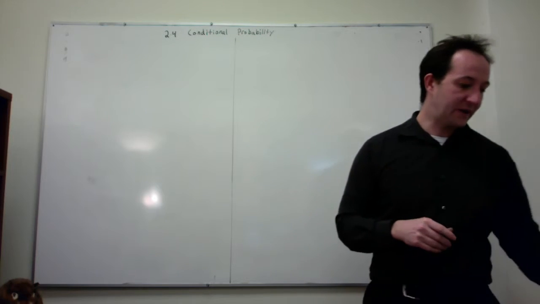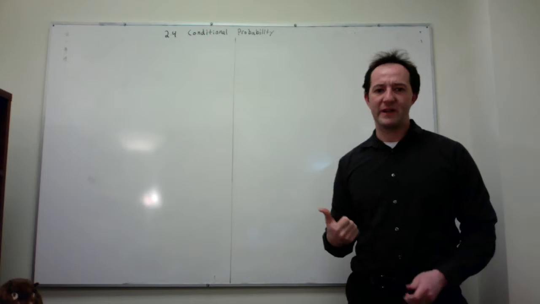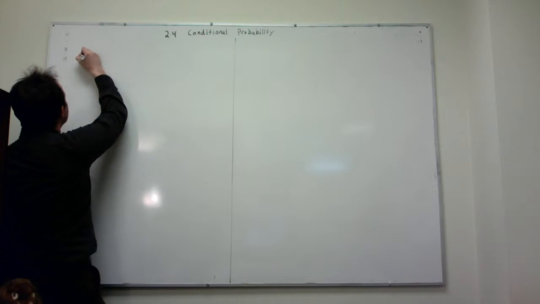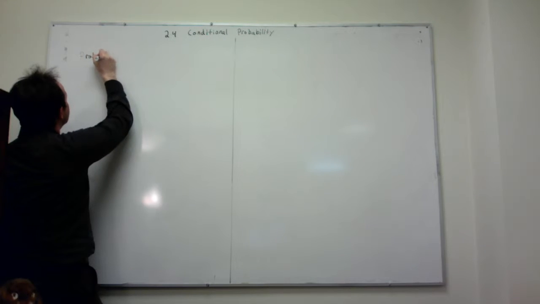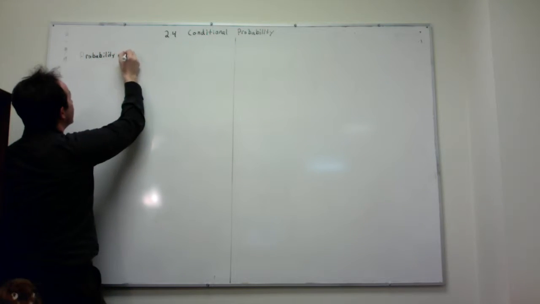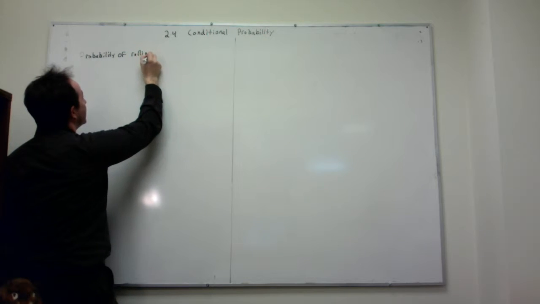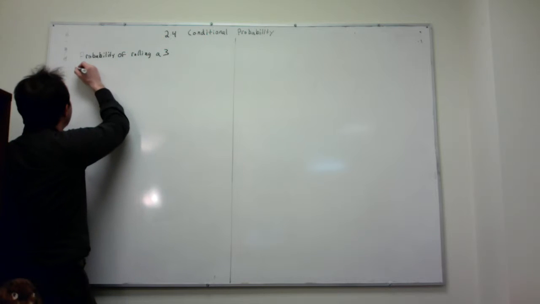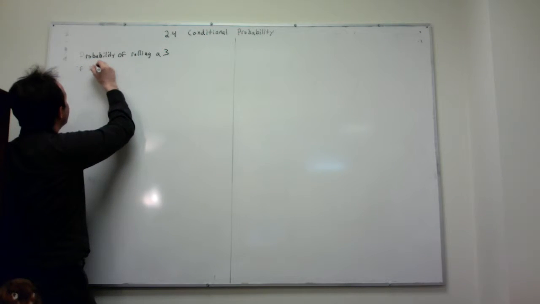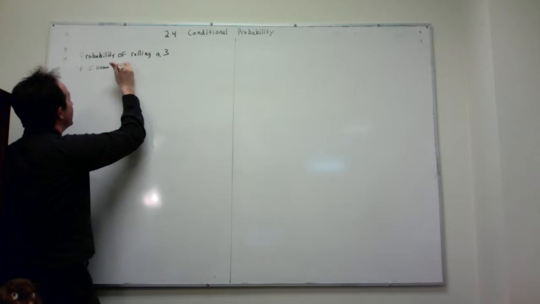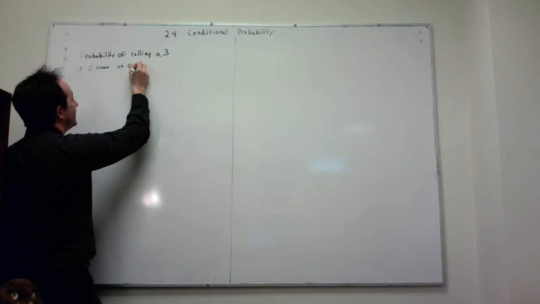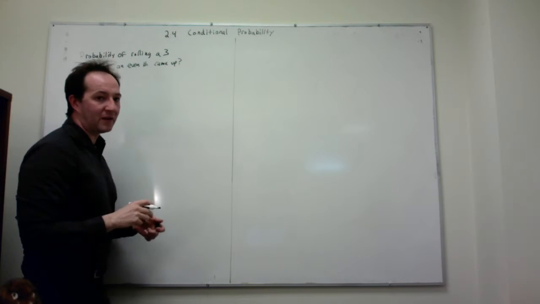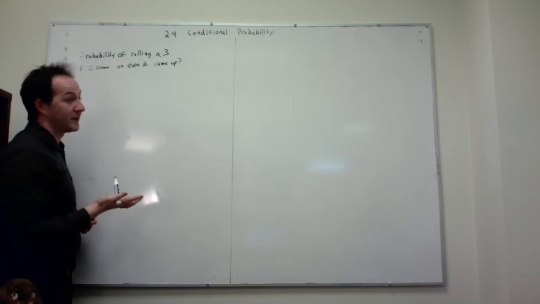So now I can ask the question, what is the probability of rolling a 3 if I know that an even number came up?